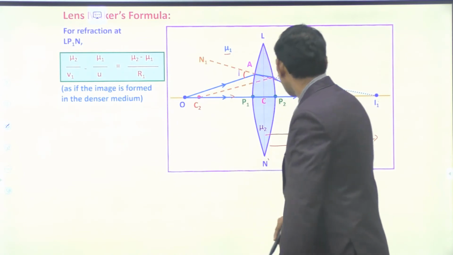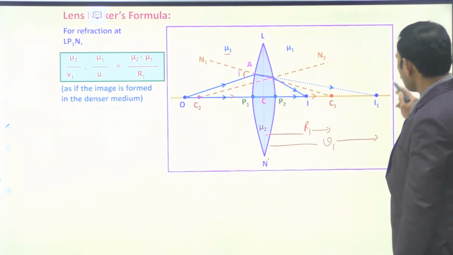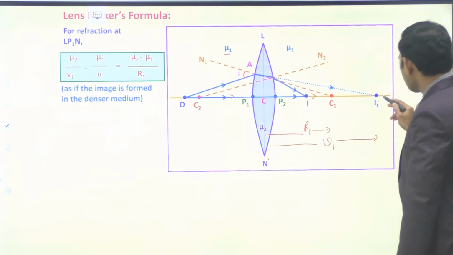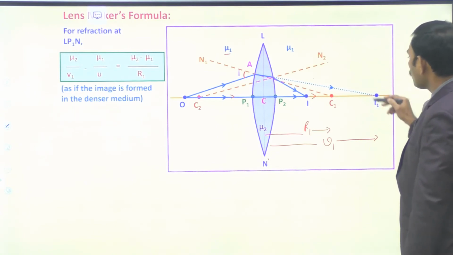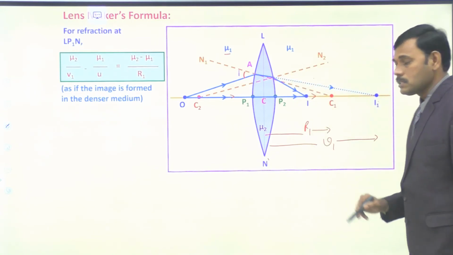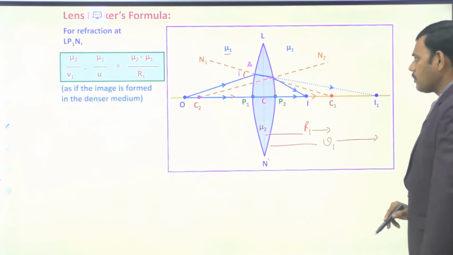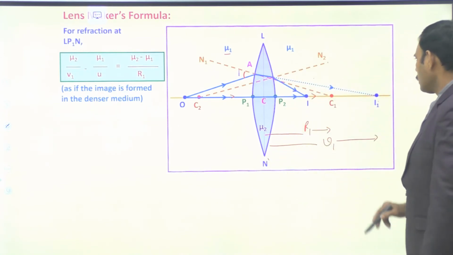So now, this is the important point. I1, which is the image in the denser medium after first refraction, becomes the object for the second refraction. This image is considered to be a virtual object for the second refraction through the second surface.